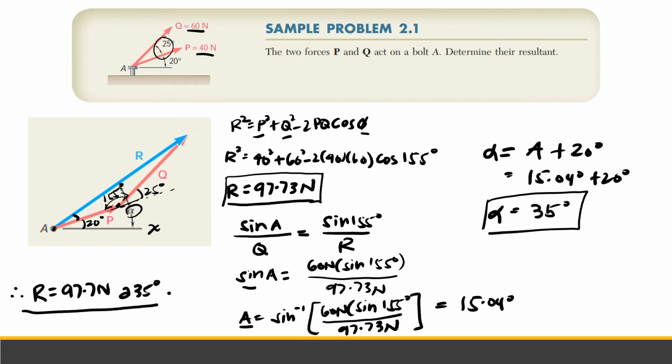That is our resultant. For an alternative solution, you can also solve this using the components method, but compared to that, this solution is faster using the triangle rule.